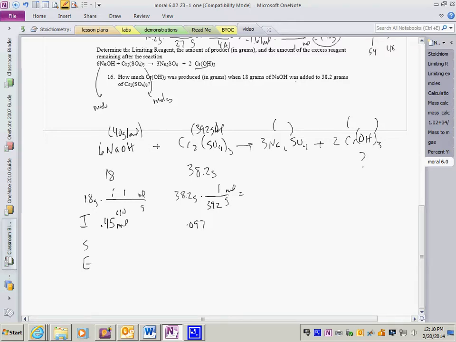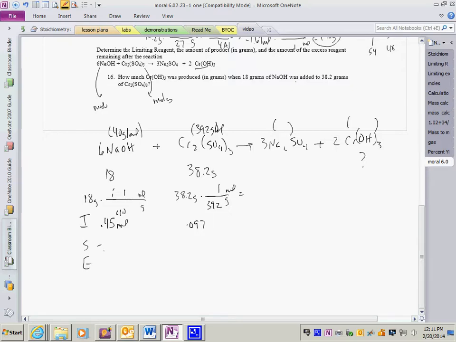At this point, I have less of this, but this is being used up at a greater rate. Even though we have more of this, with the 6 times ratio it might run out faster.